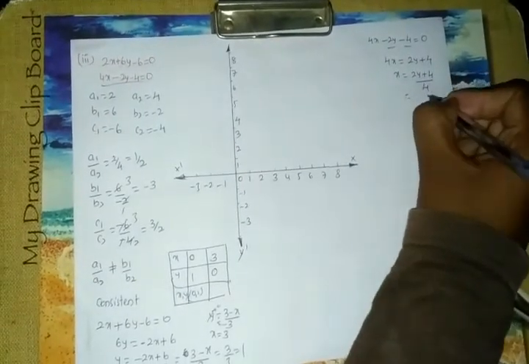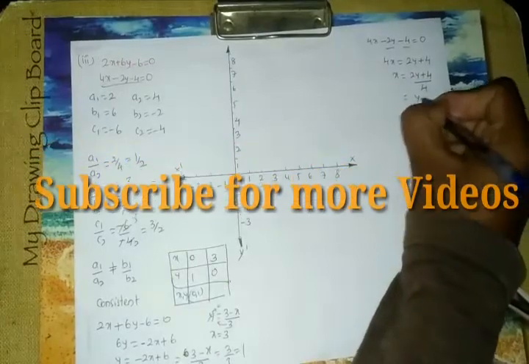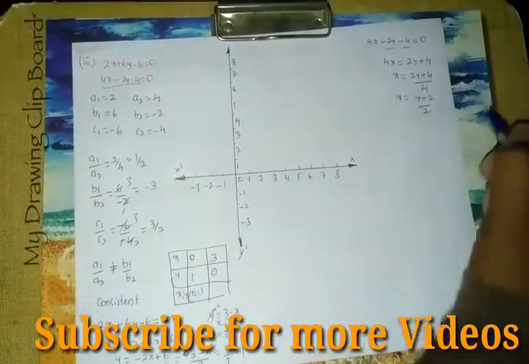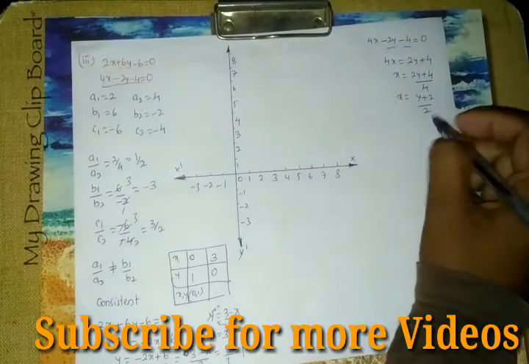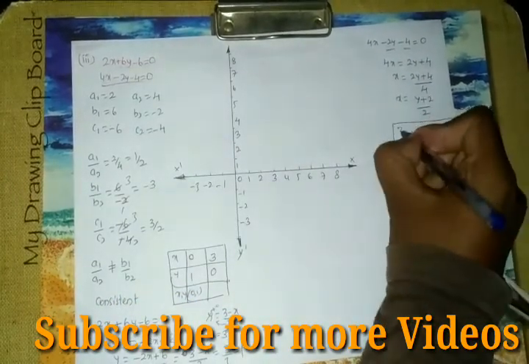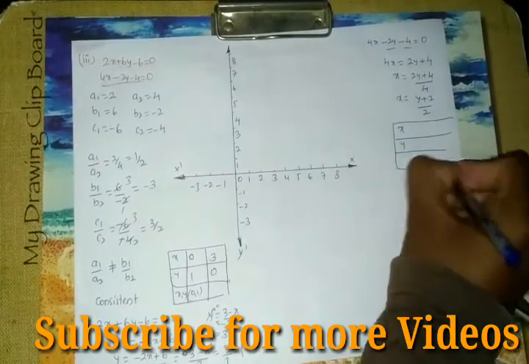Let me take 2 common, so x is (y plus 2) divided by 2.